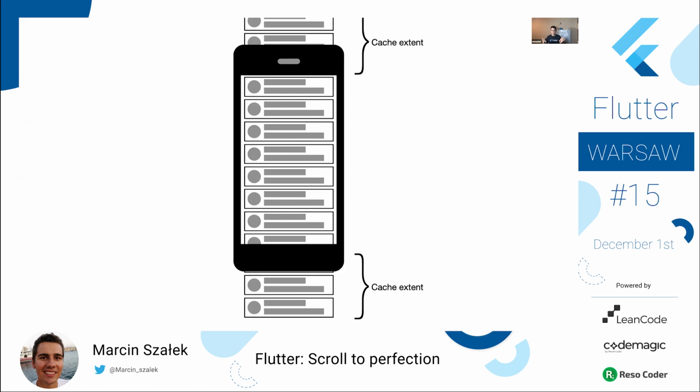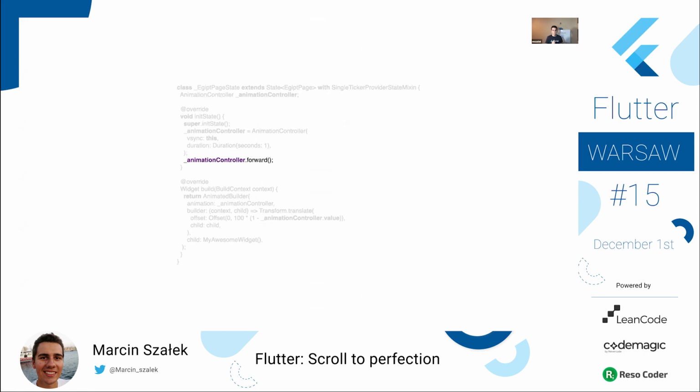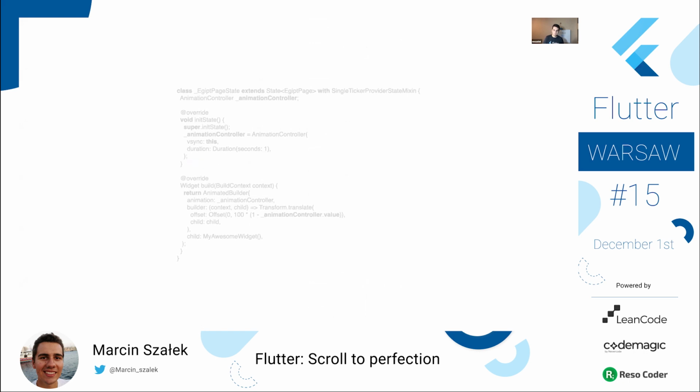So I don't want any cache, just render it when it's time for it. However, this will cause your scrolling to be laggy because it is actually needed there. So the cache extent needs to stay, and therefore the animation controller forward cannot be in the init state.